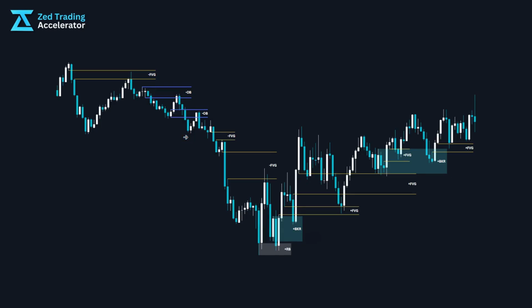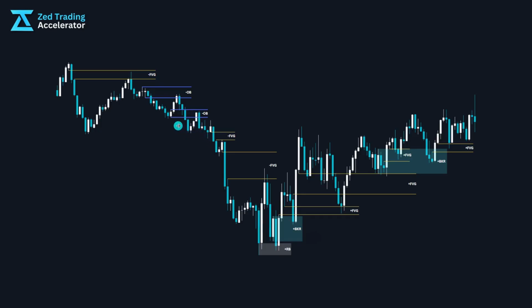Once again right here, price retraced higher. We have a fair value gap overlapping with an order block. As we can see, price retraced only inside this zone, overlapping into this fair value gap, finding strong resistance and then continuing lower.